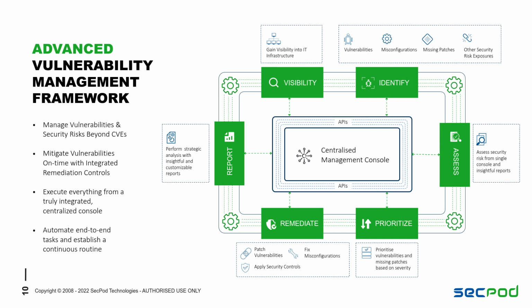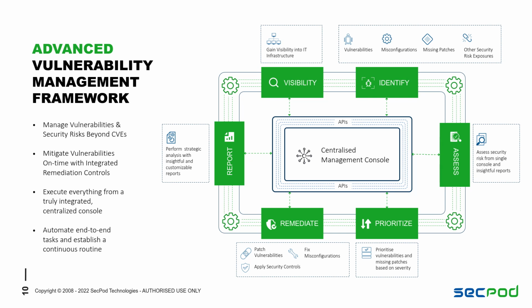So at the visibility layer, you have continuous visibility. At the identification layer, you have discovered vulnerabilities, misconfigurations, missing security patches, and other security risk exposures. At the assessment and prioritization layer, we have understood the risks, and we have come up with a remediation strategy by prioritizing what are those vulnerabilities that you want to act upon.